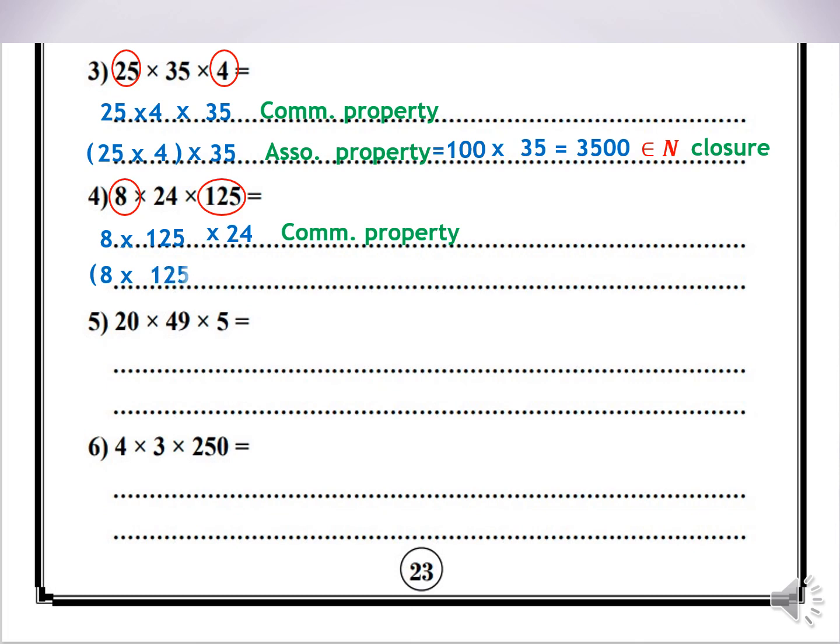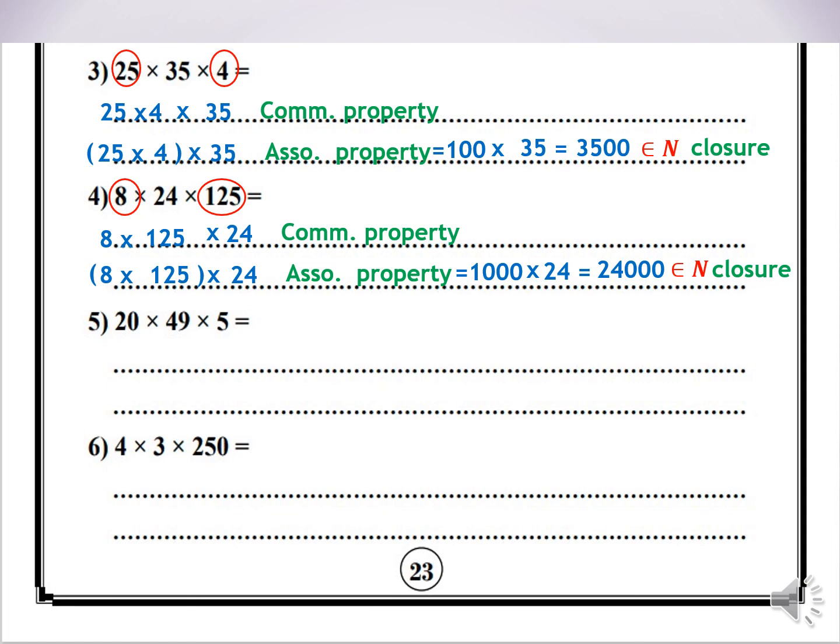Then I will write 8 times 125, the friends, in the brackets alone, multiply 24. This is called associative property. I will solve 8 times 125 equals 1000, multiply 24 equals 24,000, belongs to N, closure property.